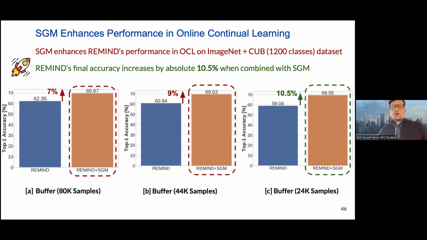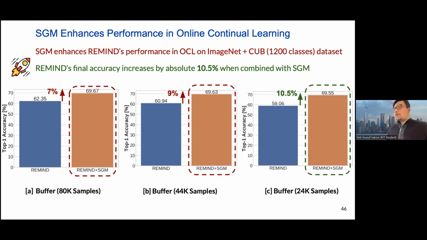And then we also compare our method in the online continual learning setting, which is more challenging. For this, we examine Remind and try to incorporate our mitigation approach into this online continual learning system, Remind.